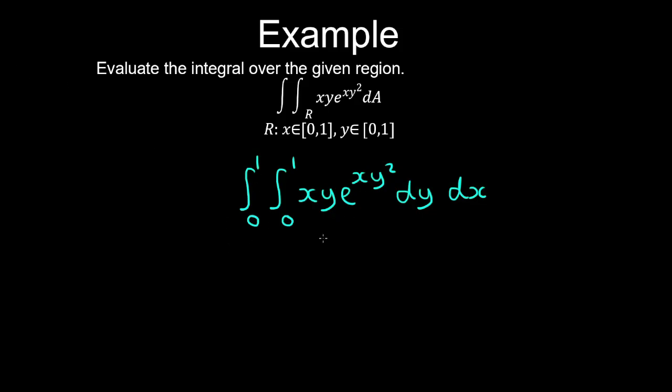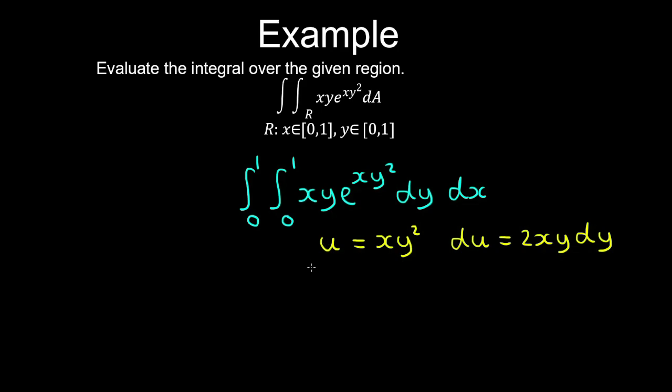And now if we apply u substitution, we say u is equal to xy squared, and therefore du with respect to y is equal to 2xy dy.